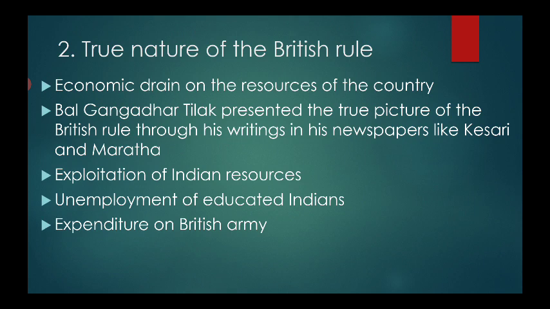Their policy of exploiting the resources of India to run the British industries proved harmful for the industries in India. So the policy of free trade also hit the Indians' trade and industries very badly.